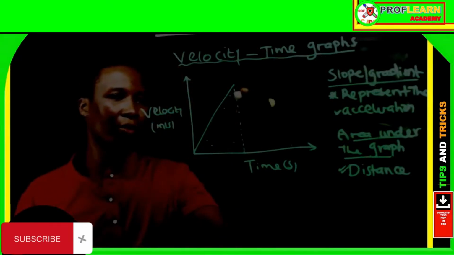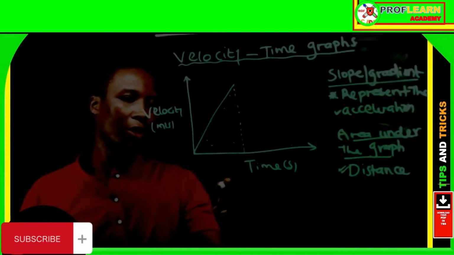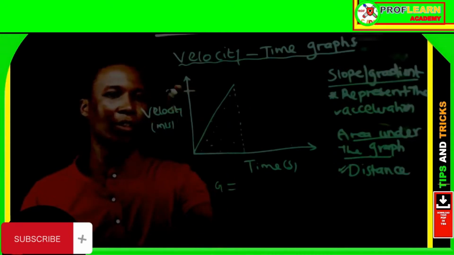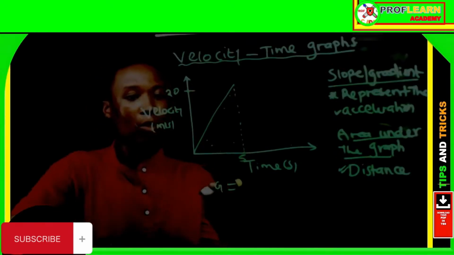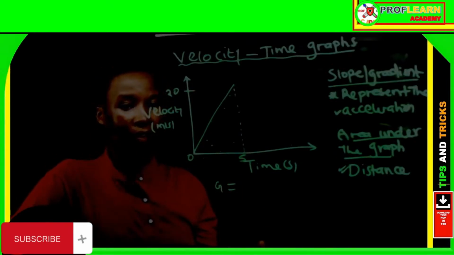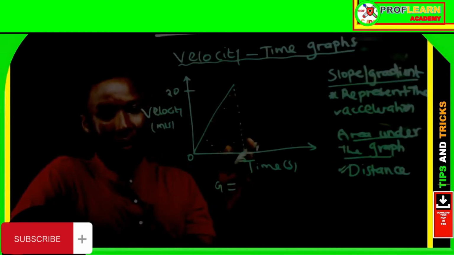Now, let us work out the acceleration of this object. This object will have a gradient of rise over run. Let us say this is 20 and this is 5, because different graphs will be given and these values will be given there.